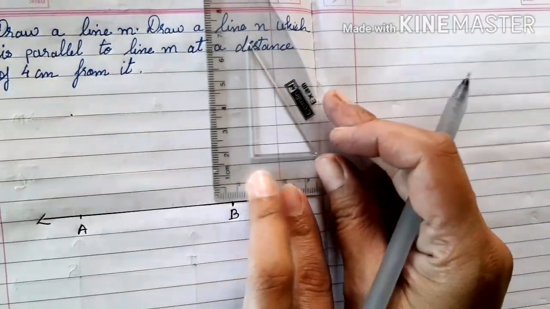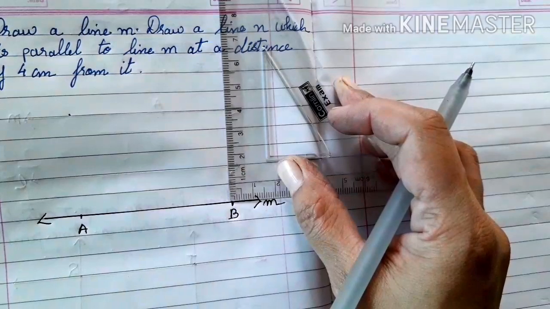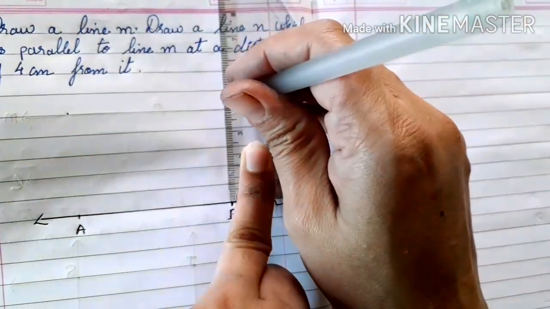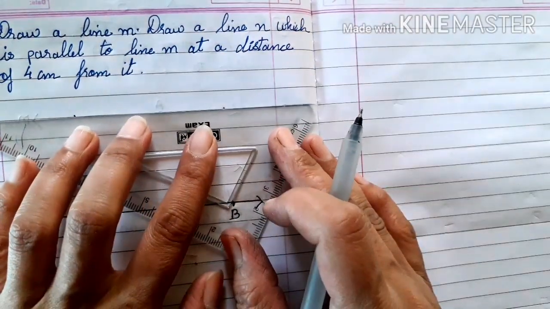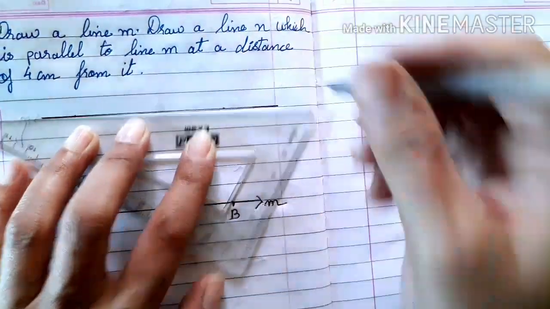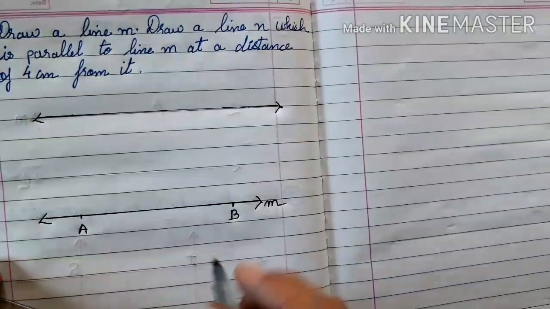Again keep it in this way. Got it? Once you get the point set, mark it. When you get the 2 points, draw a parallel line. You will get your distance, that is 4 centimeter.